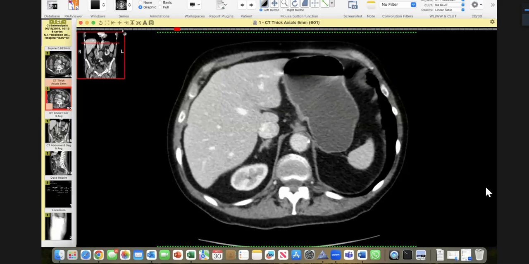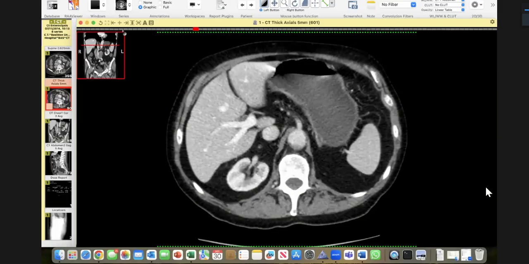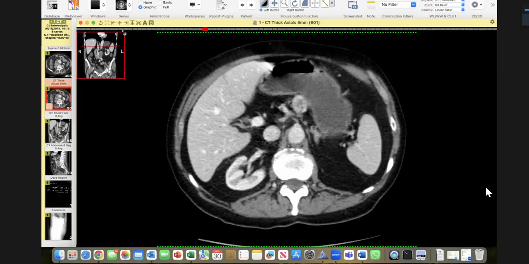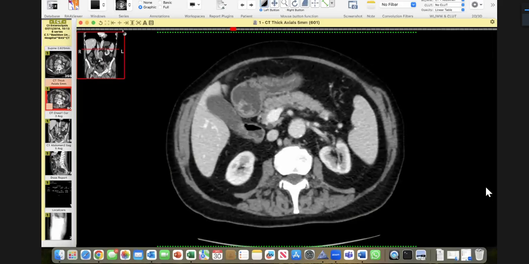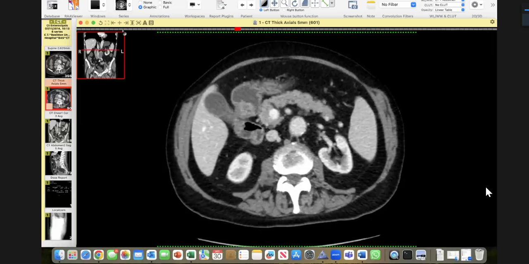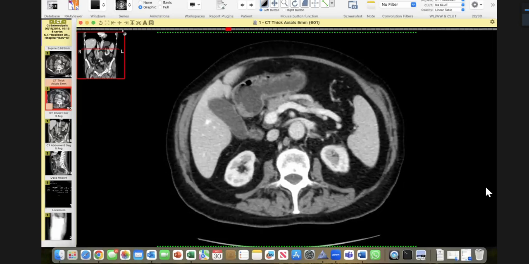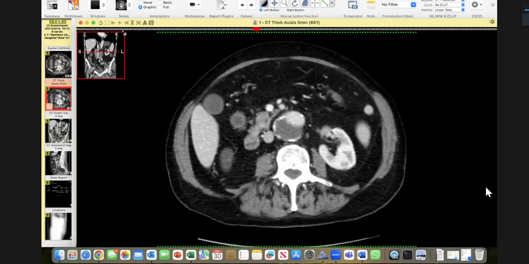Atherosclerotic changes are appreciated within the abdominal aorta. The portal vein appears patent without any thrombus formations. Visualized part of the spleen appears normal. The images are skipping, so kidneys also appear normal for the age.